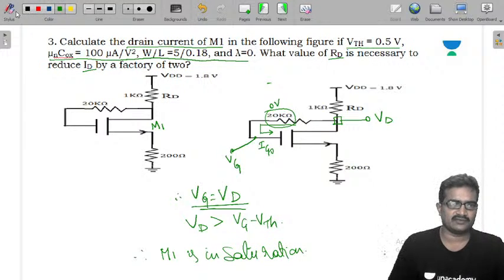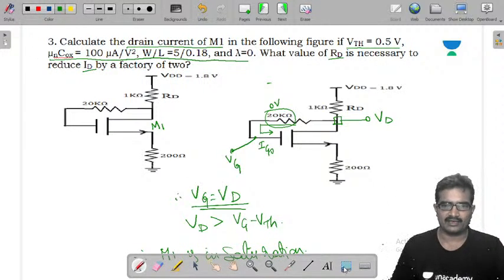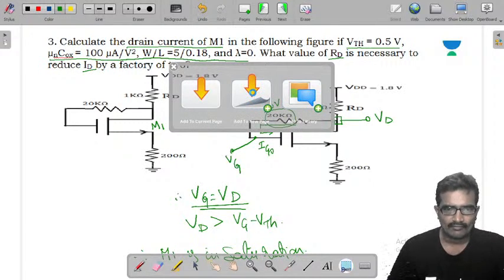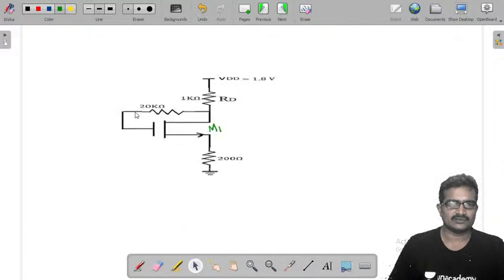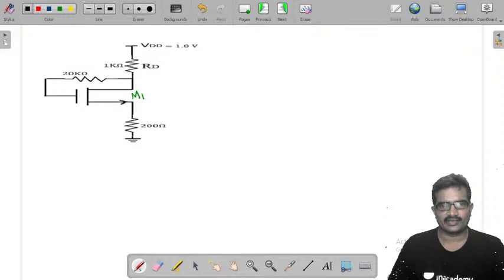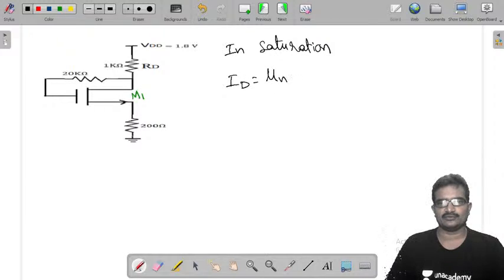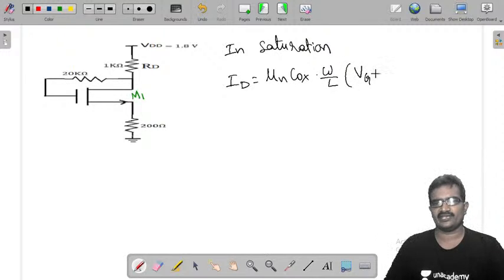Now in saturation, whatever the equation we have for ID, just write that because we need to calculate that ID. Okay, drain current they are asking. Therefore in saturation, ID is mu n into COX into W by L into VGS minus VTH whole square by 2.